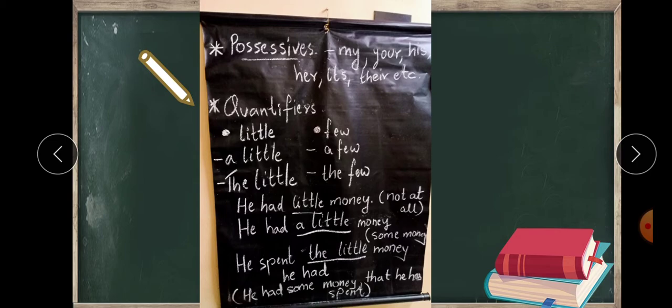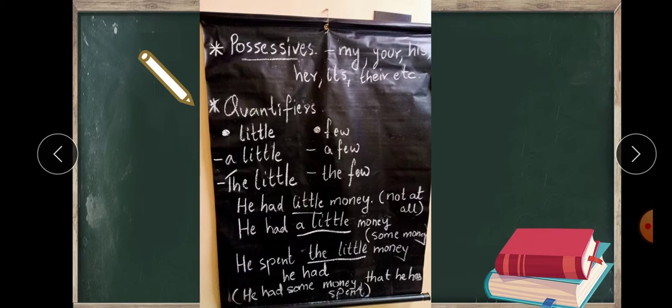So we could find a combination of both negative and positive sentences. He had little money means not at all, so it's a negative sentence. He had a little money means he had a small amount of money, so it is a positive sentence.